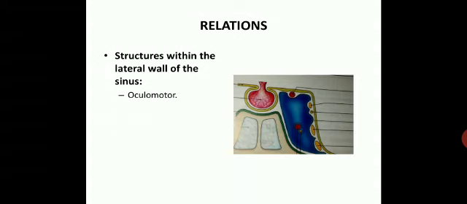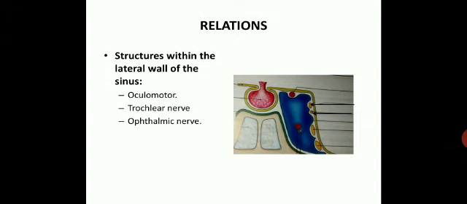In the anterior part of the sinus, it divides into superior and inferior divisions that leave the sinus by passing through the superior orbital fissure. Next is the trochlear nerve. In the anterior part of the sinus, it crosses superficial to the oculomotor nerve and enters the orbit through the superior orbital fissure.